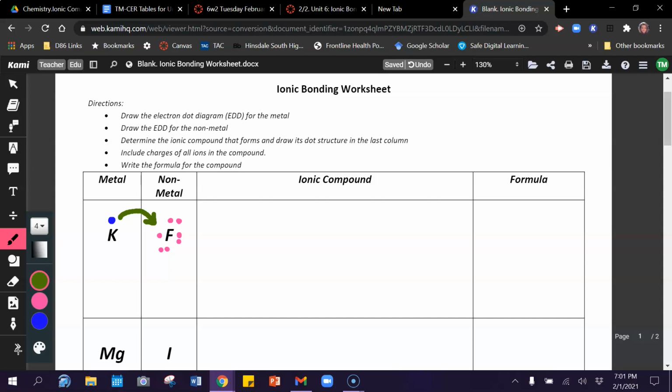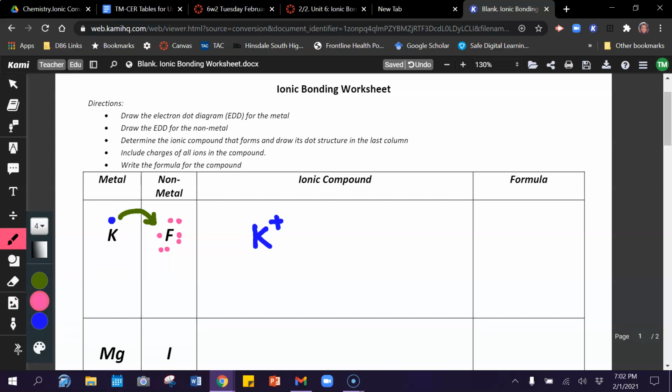Fluorine, being a nonmetal and wanting to gain enough electrons in order to have a full valence shell, really wants that one electron. So it's going to take it. And so what happens when potassium loses its electron is it becomes positive. And notice that I have no dots around my K because the dot has been transferred to fluorine.